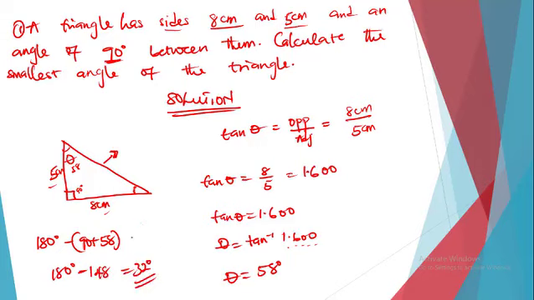So the smallest angle in this triangle is 32 degrees, because 58 is higher than 32.